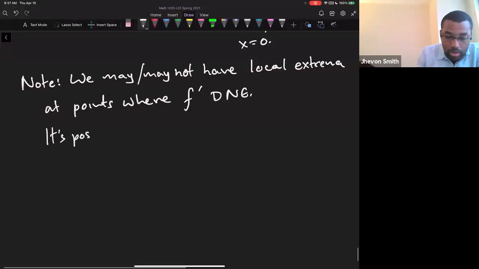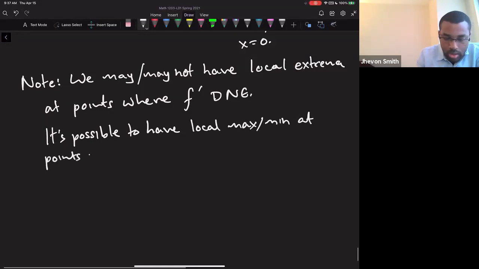It's possible to have a local max or min at points where f prime does not exist.